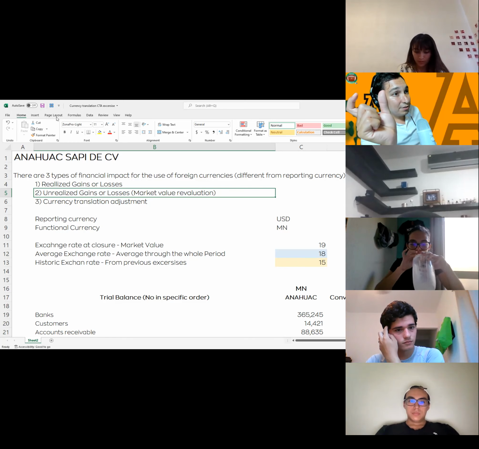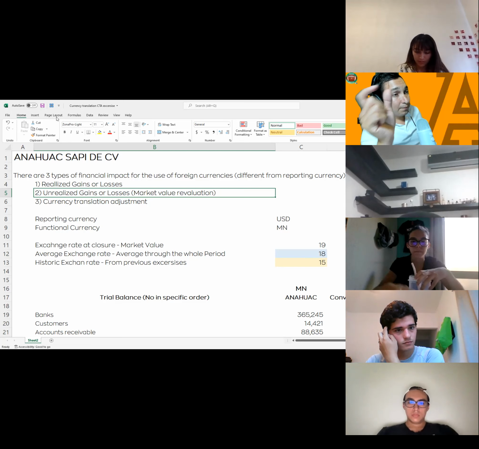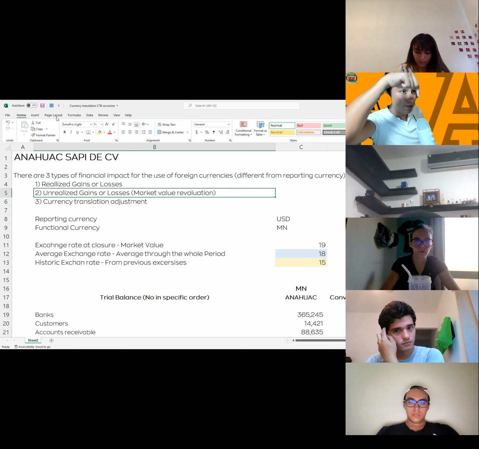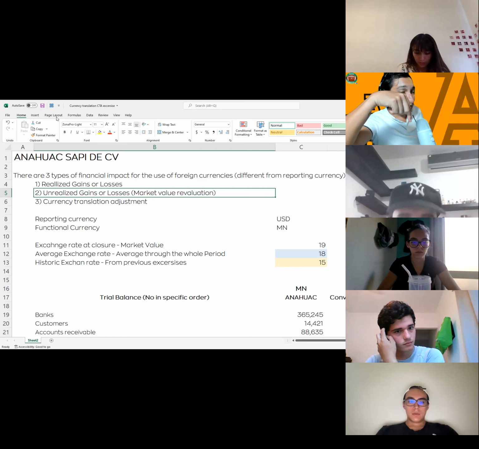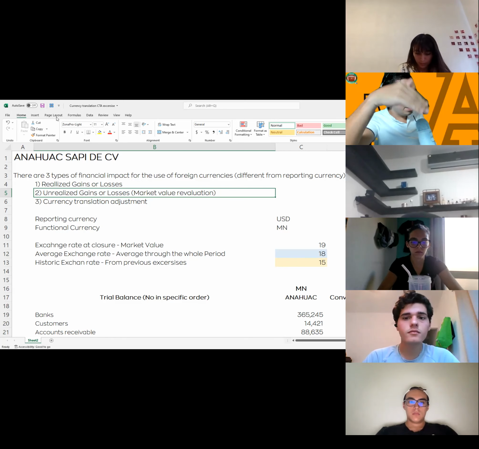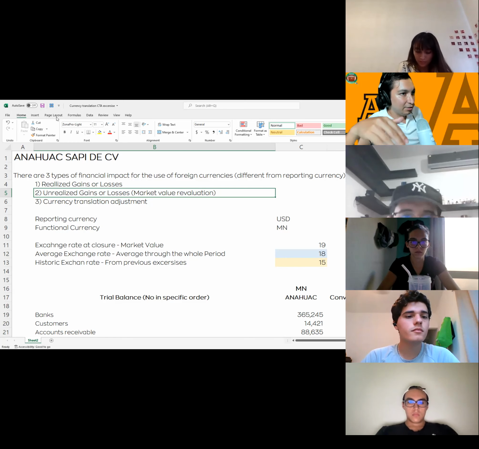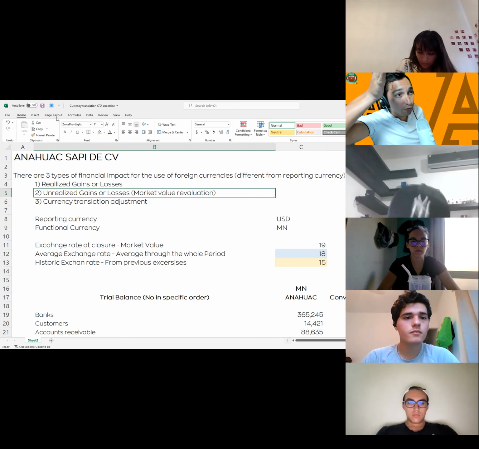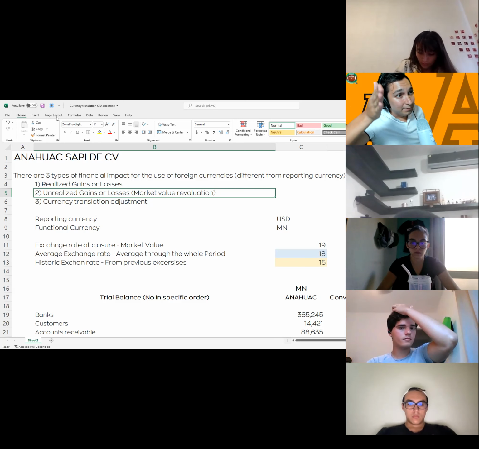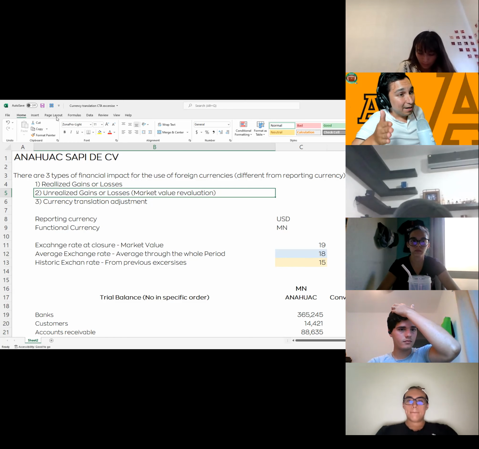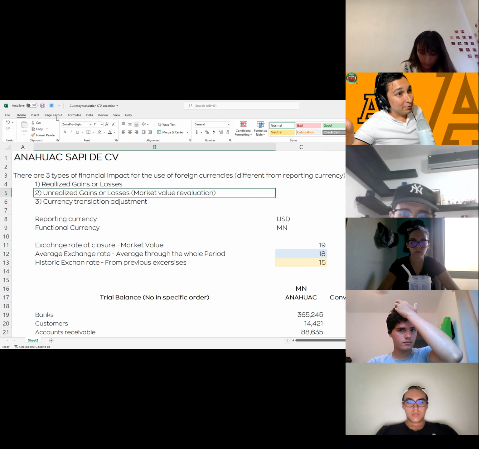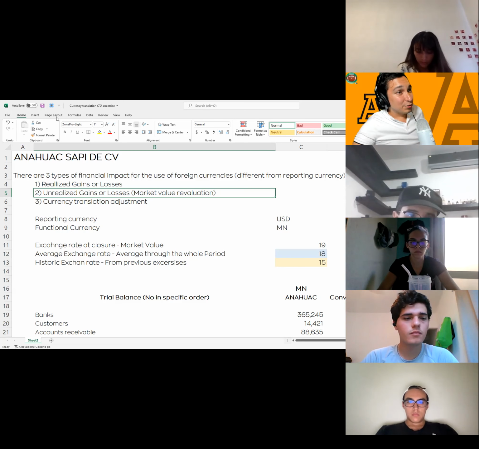The currency translation adjustment will come from translating your Mexican pesos trial balance, from which you get your income statements and balance sheets. You will do the translation from Mexican pesos to US dollars because the shareholder is requesting it and the shareholder is based in the US. So how will you do it?